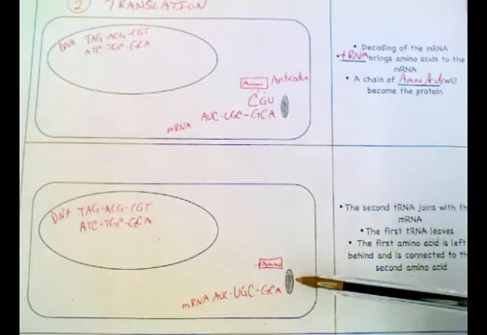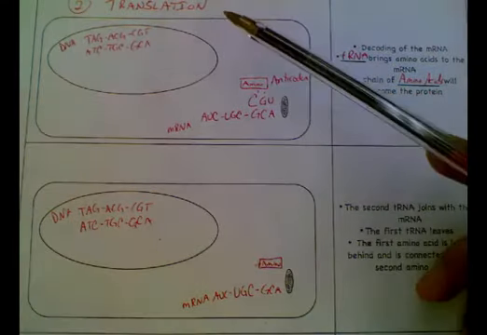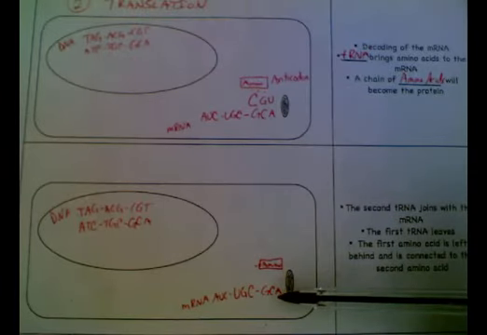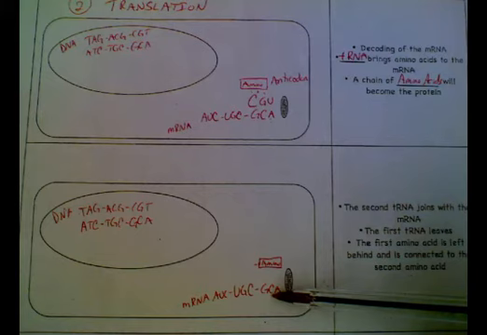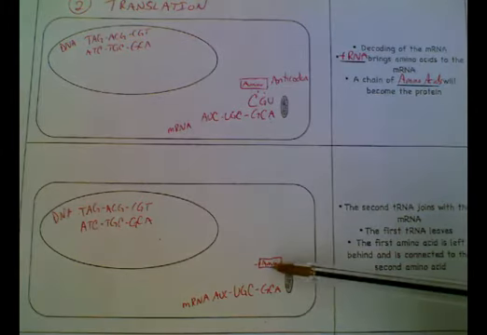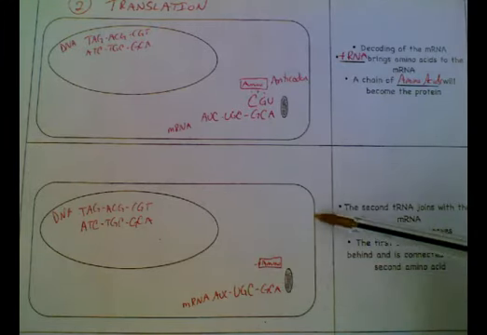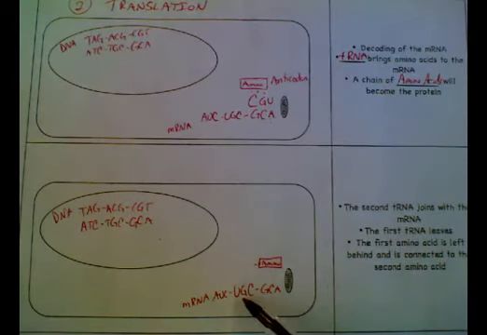The next image shows a continuation of translation. The ribosome has already read the code for the first codon, and the anticodon has brought in one amino acid. Notice that the anticodon is no longer here. After it drops off its amino acid, it's free to go. The next codon that will be read by the ribosome is UGC.